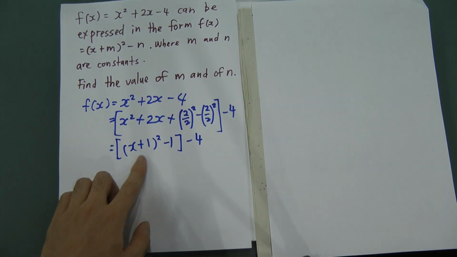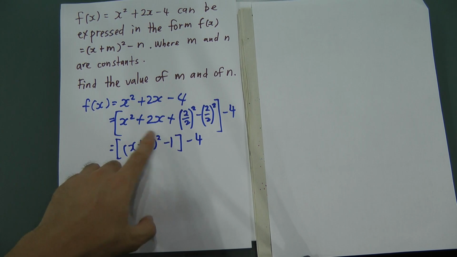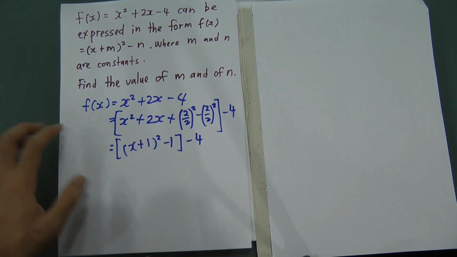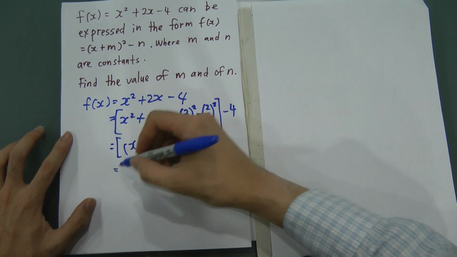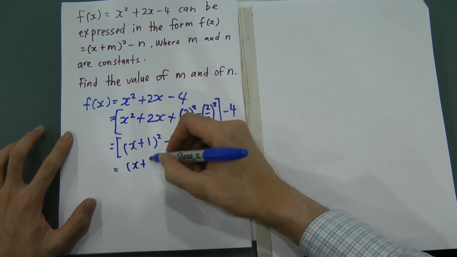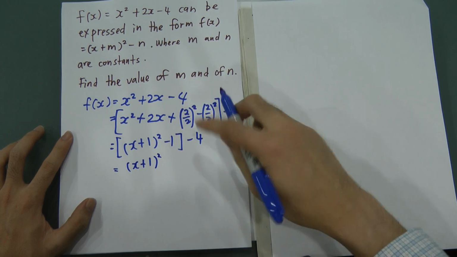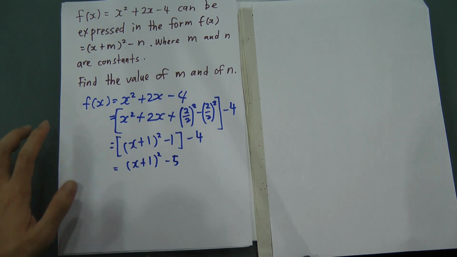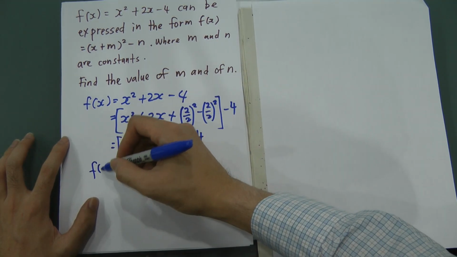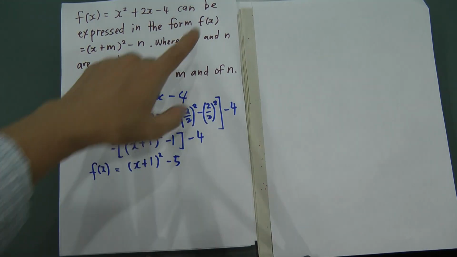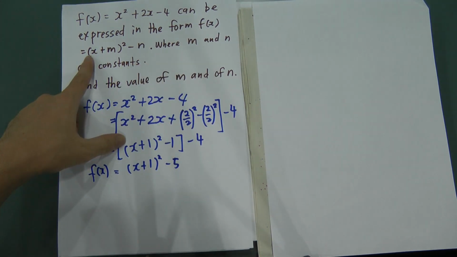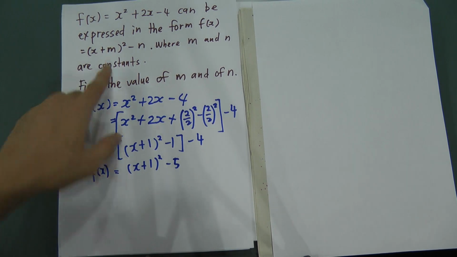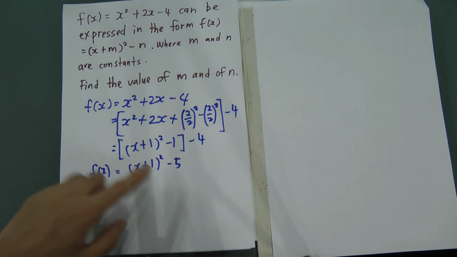If you expand (x + 1) squared, you get x squared plus 2x plus 1. Then you continue: (x + 1) squared minus 1 minus 4, you get negative 5. So this is f(x). Then you compare this with the f(x) above, and obviously we get m equals 1 and n equals 5.